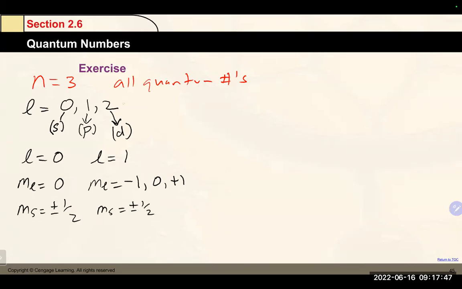So we'll just focus here on the one that we didn't do before. And that would be our L value of 2, which would represent our d orbitals. That gives us an m sub L that runs from minus L, which would be minus 2, to minus 1, to 0, to plus L, which would be plus 1 and plus 2.